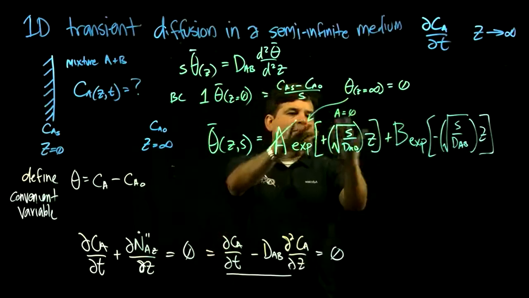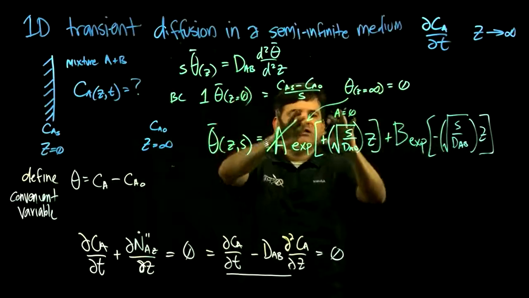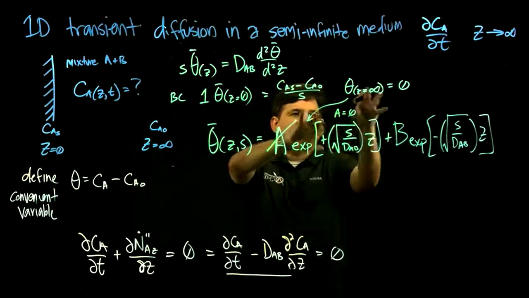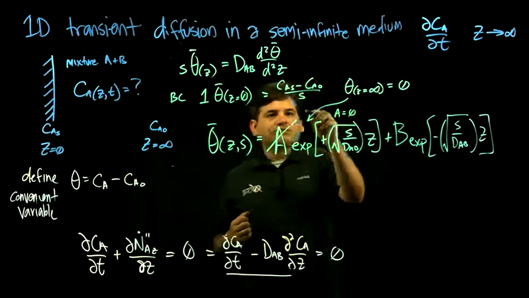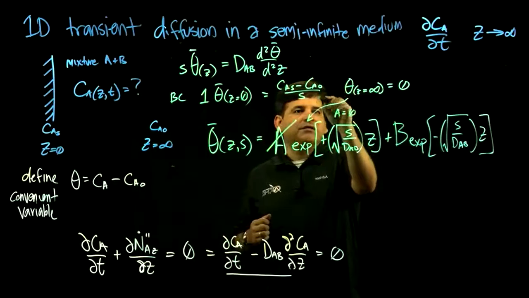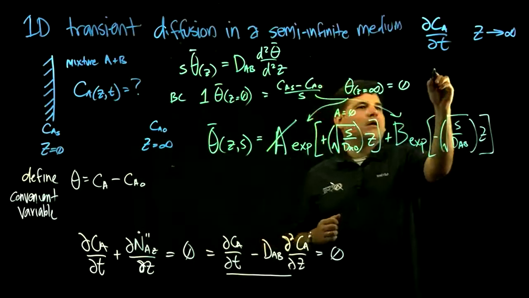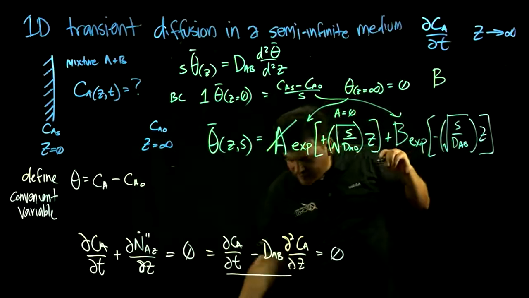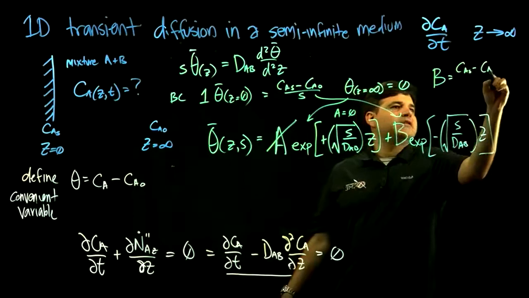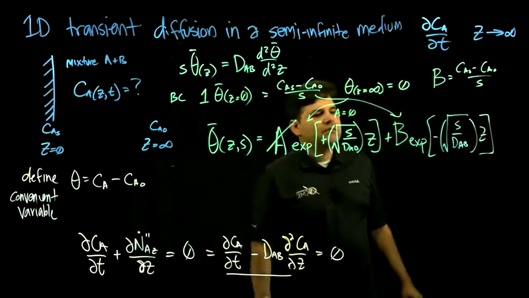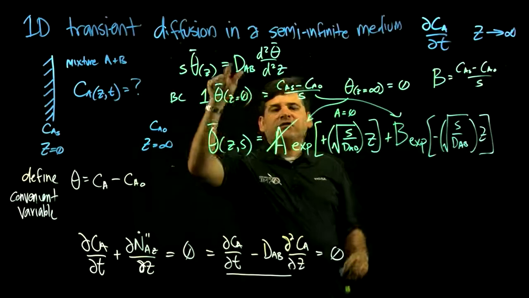So this term is not, in general, this is the equation, but for these boundary conditions, this term has to go away. Then B, to satisfy this boundary condition, is related to that boundary condition. So B equals CAS minus CA0 over S.